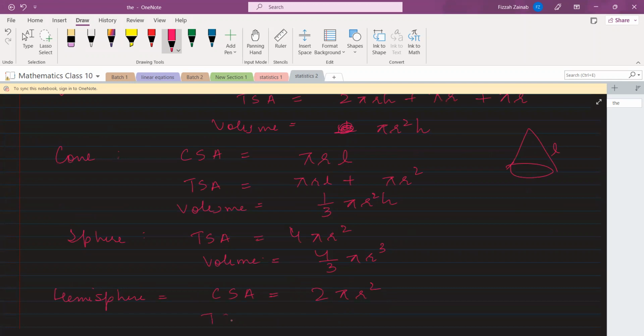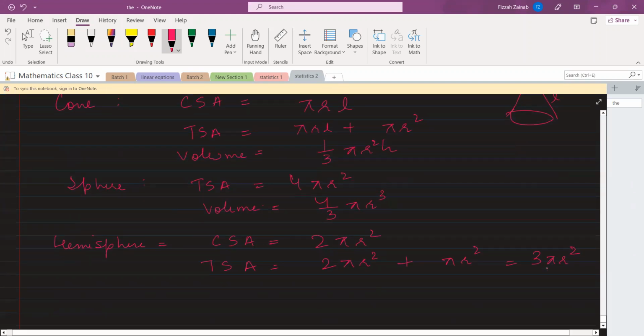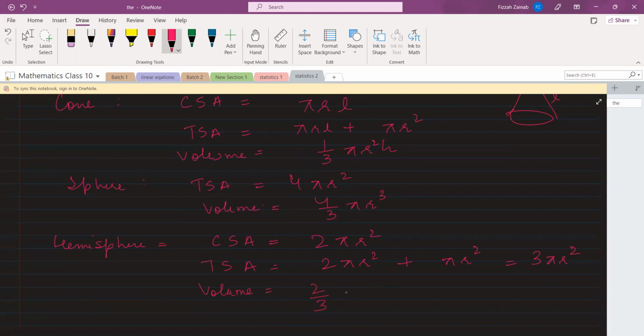But if you want to find the total surface area, it will be curved surface area plus the area of the top. Again, 1 more pi r square. So that becomes 3 pi r square. Remember? Okay. Now volume is just half of a sphere. So it becomes 2 by 3 pi r cube. Fine, Rida? Yes, ma'am. Okay.